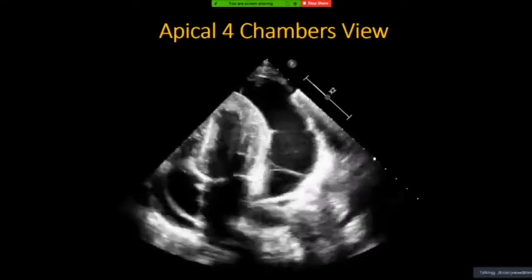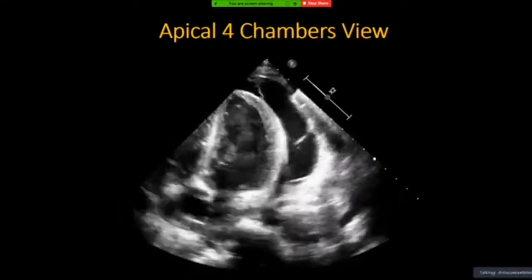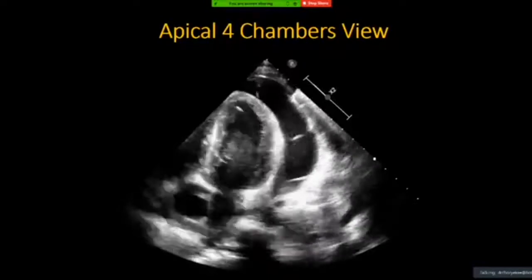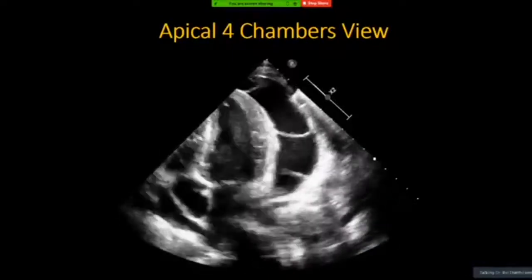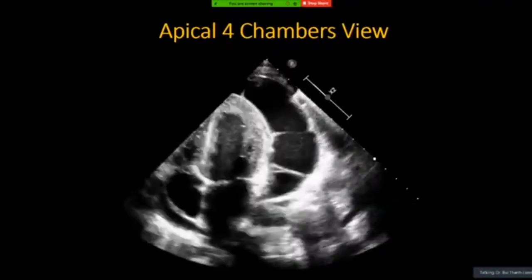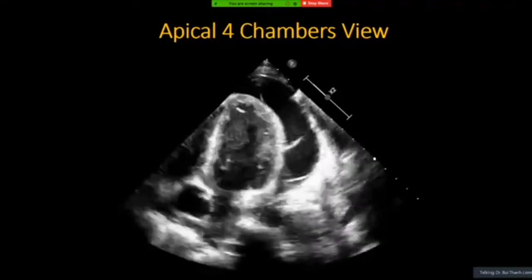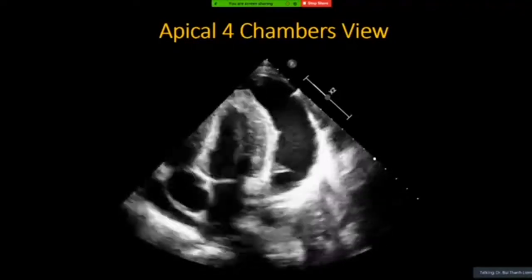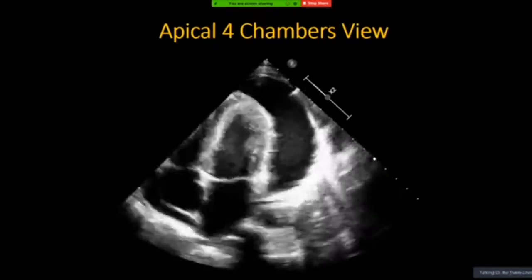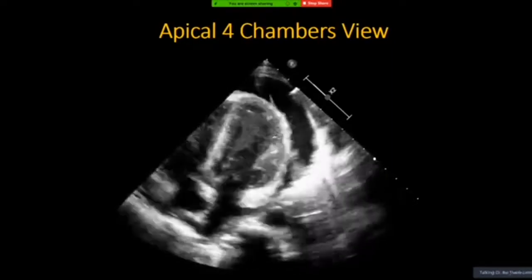Oh, okay. Yeah, maybe. I have a comment: I think it is a large pericardial effusion, and I don't think the patient has an ASD.